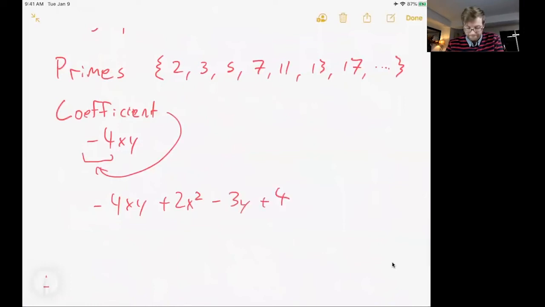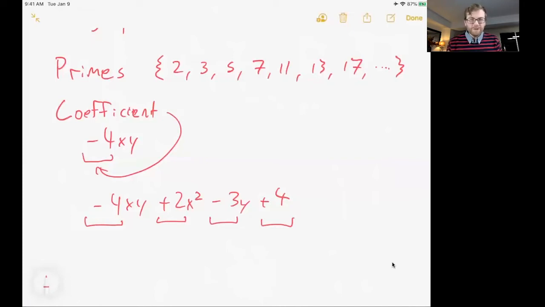If we look at that, we can identify a coefficient for each of these terms. It would be negative 4, 2, negative 3, and I think we'd even say that the coefficient of this term is 4. So it's just the bit of a term that is a constant number and not a variable, okay?